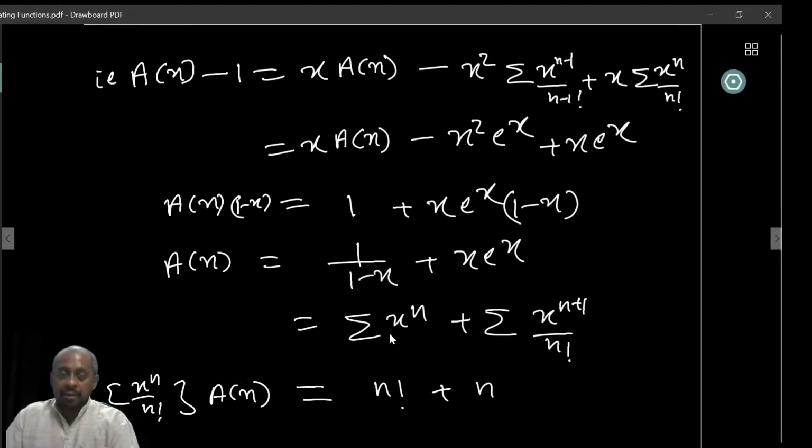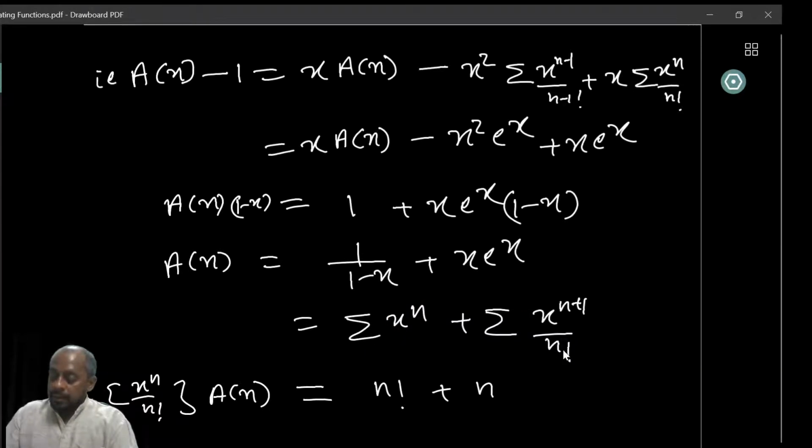So you multiply and divide by n factorial, and you will get x raised to n by n factorial has n factorial as coefficient from the first term. So many times people forget what is written here is just x raised to n. You need to look for the coefficient of x raised to n by n factorial. So don't forget that when you are looking at an exponential generating function, you always multiply and divide by n factorial to make sure that you get the coefficient of x raised to n by n factorial.